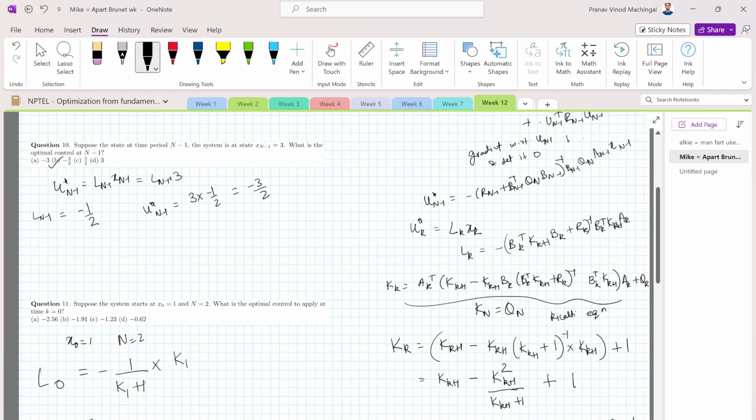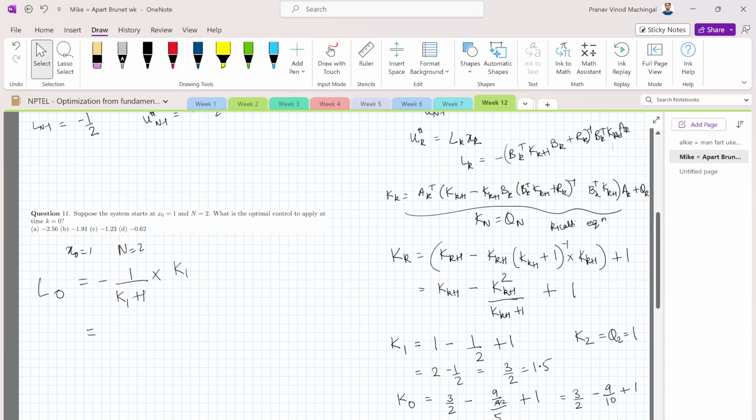Just check it once. So then this is K1, K1, and this will be minus 1.5 upon 2.5.